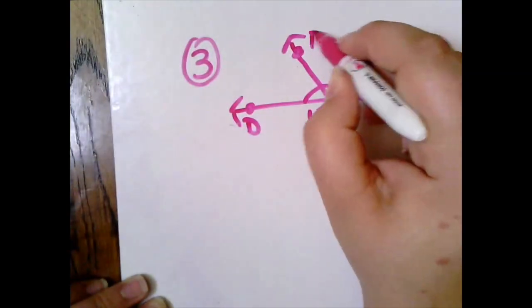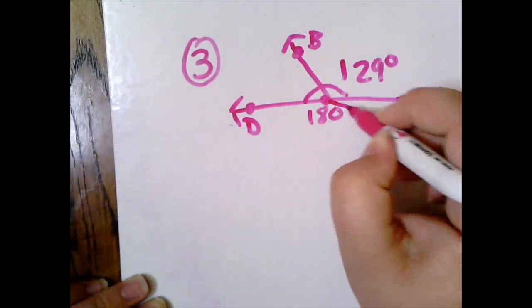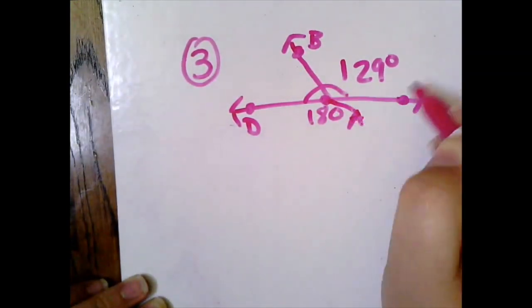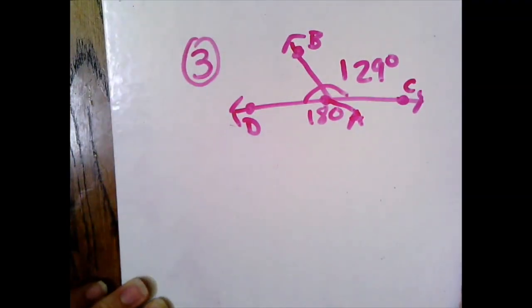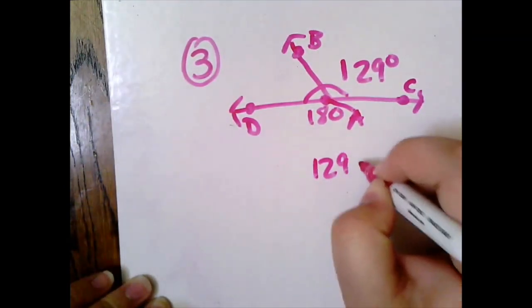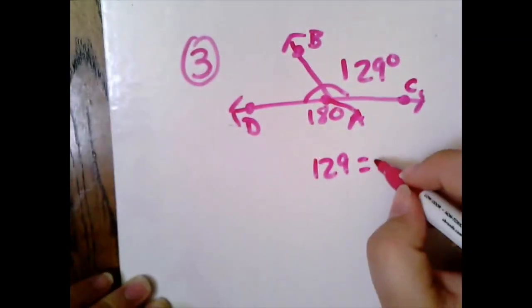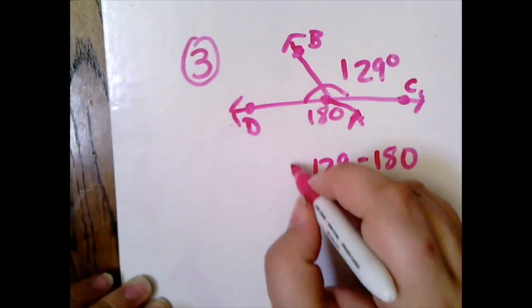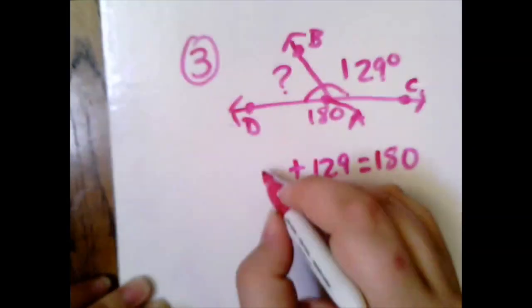D, B, that one's going to be A, and this is going to be C. Okay? Now let's write our equation. We have one angle that's equal to 129. Our total is 180, and we don't know what this one is.